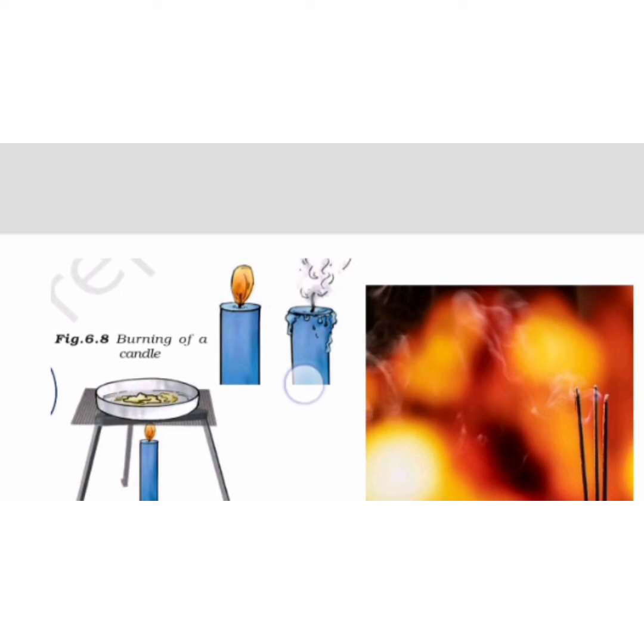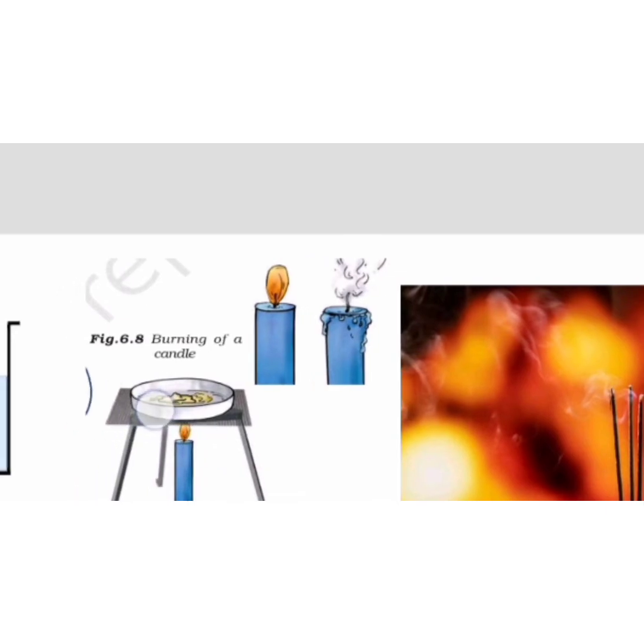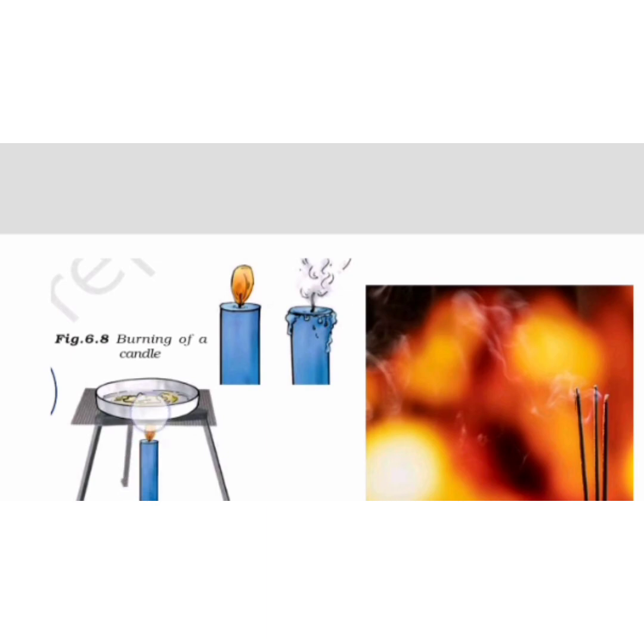When we light the candle, it burns and the candle length will decrease. Then take the wax in a tray and heat that. We can make another candle by heating the wax produced by the candle, right? So this change can be reversed.